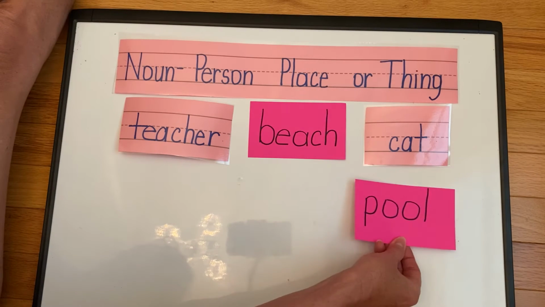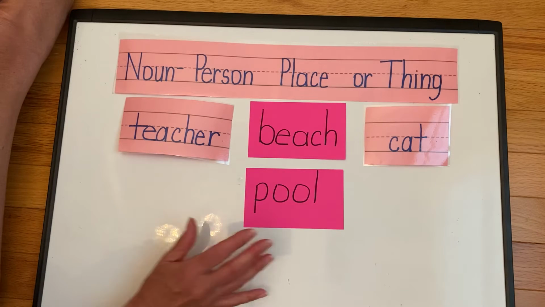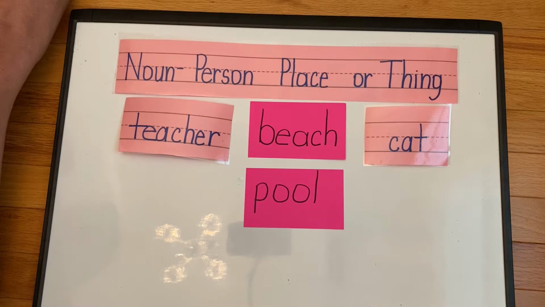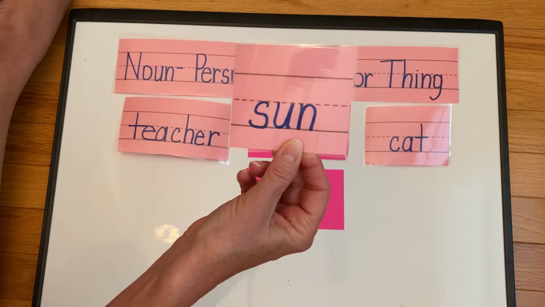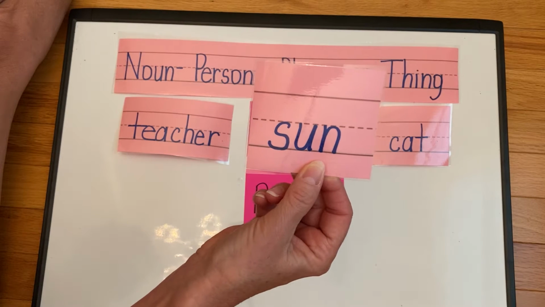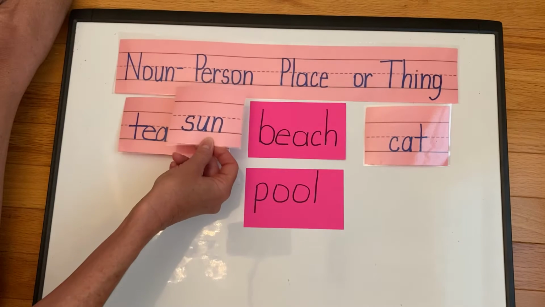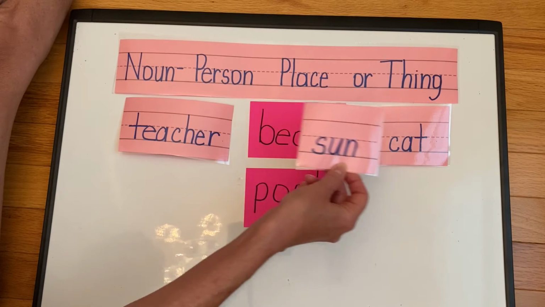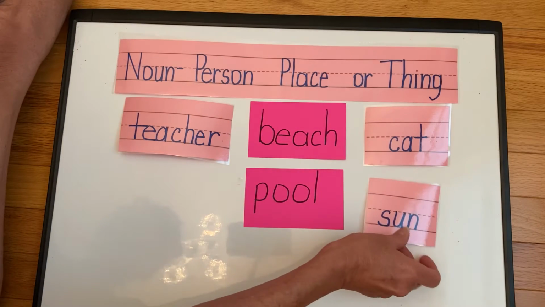So it could really go in either category, but we'll go ahead and put it underneath the place. The next word is sun, as in the sun is bright in the sky. Is the word sun a person, a place, or is it a thing? That's right, it's a thing.